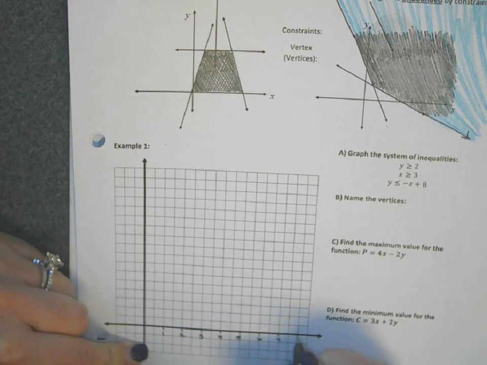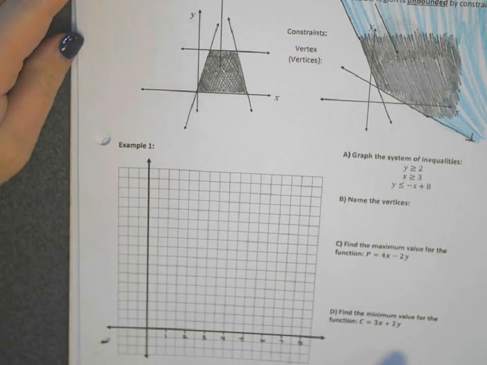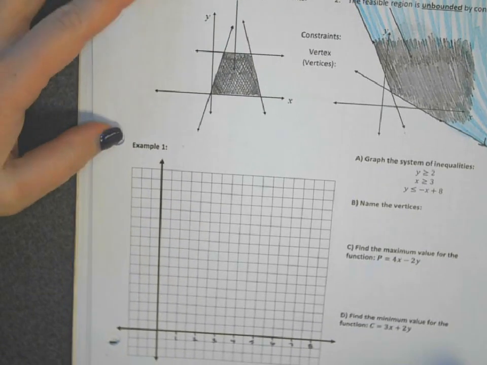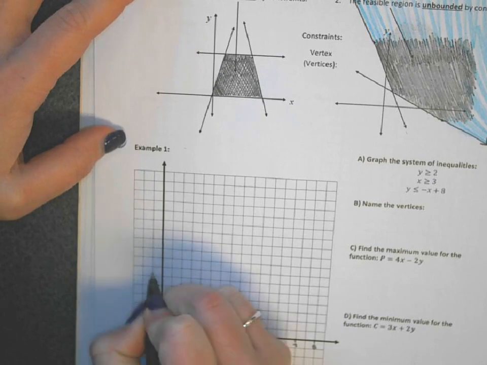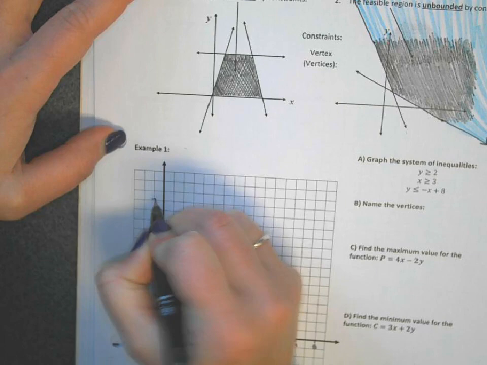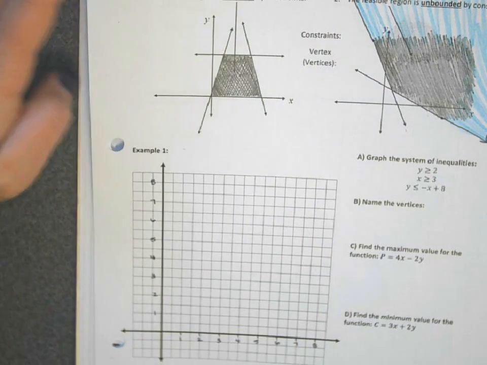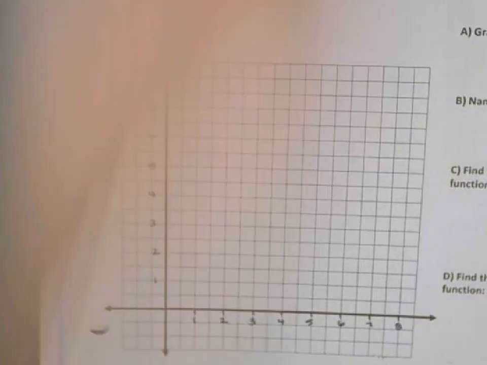Sometimes it's a little bit easier when you make your scales go up by a half because you see more of your graph that way. It's zoomed into like a specific part. So it just went up by halves. I labeled every one. So half, 1, 1.5, 2.